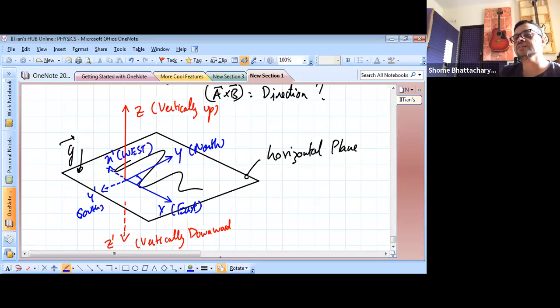So in this, now, where is my vector E lying? My vector E is lying along the x axis. Oh, sorry. The vector is vertically downwards. So it will be along minus E, or E will be some magnitude into minus k cap, because it is vertically downwards.